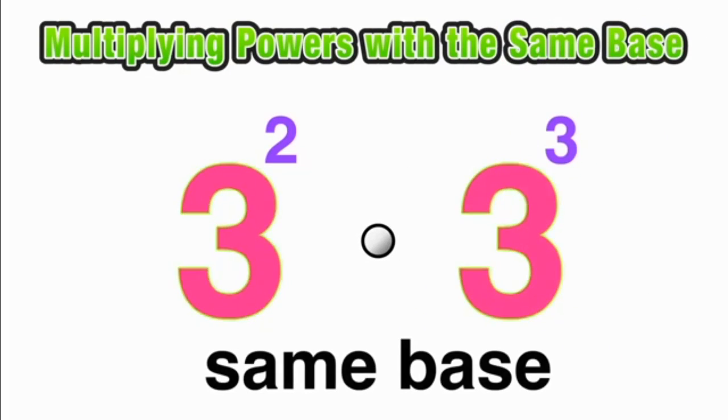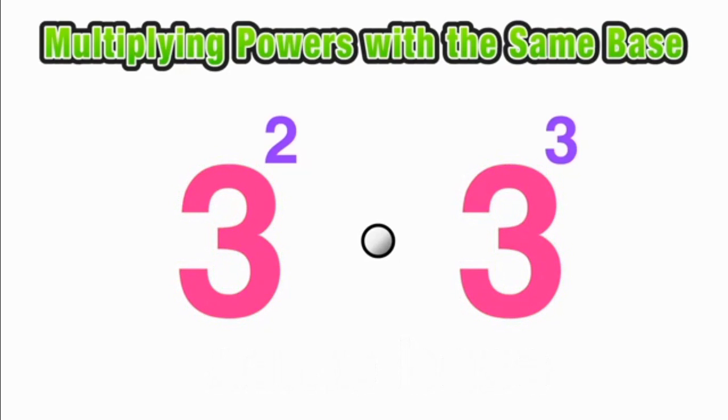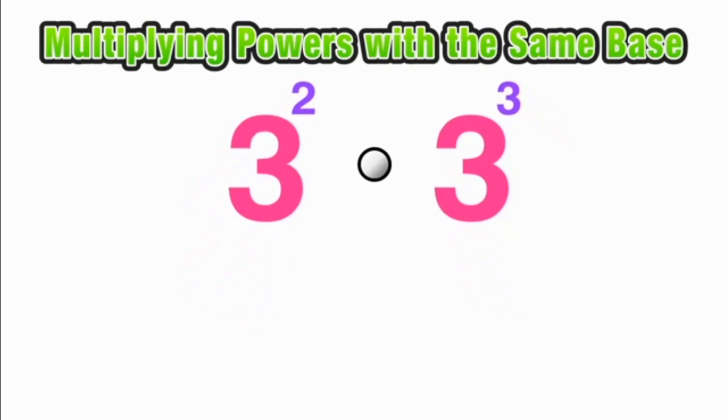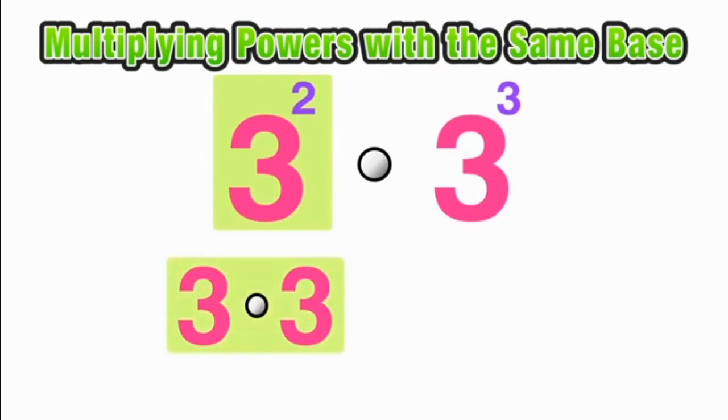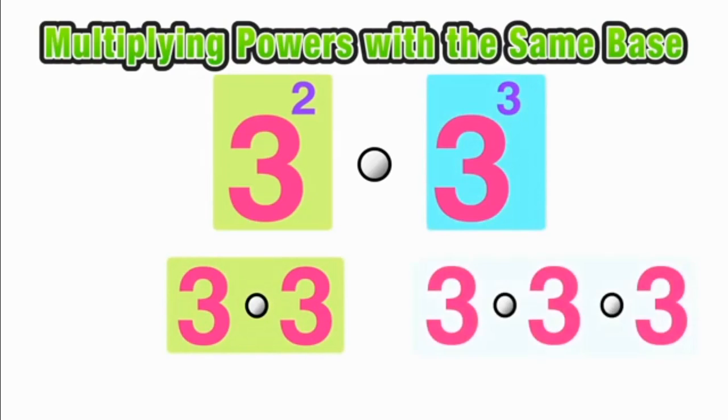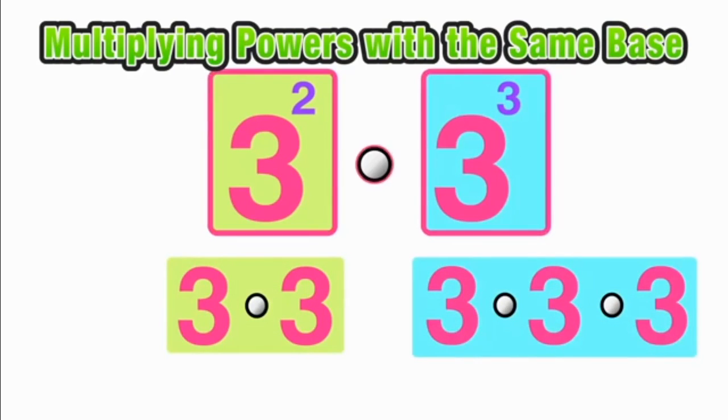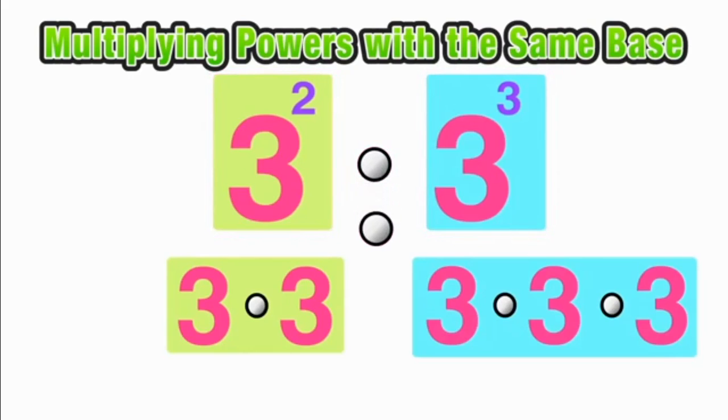Both of these have the same base, which is 3. So with this in mind, let's go ahead and try and simplify this. Let's start off by rewriting each term in a broken down form, as in 3 to the second power is 3 times 3, and 3 to the third power is 3 times 3 times 3. And again, we're multiplying each of these two things together.